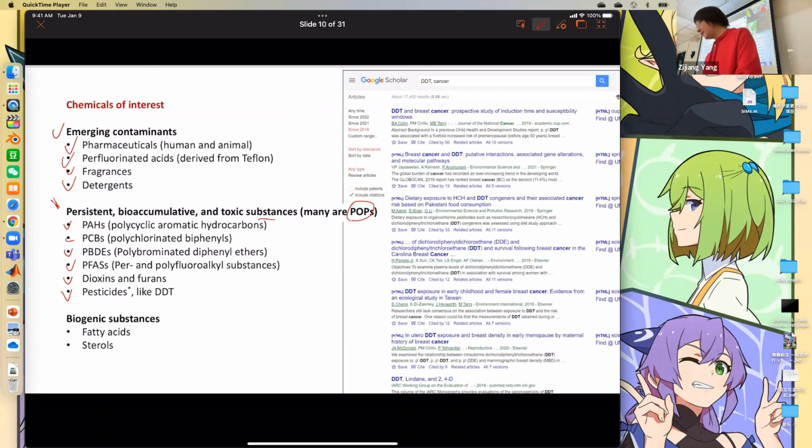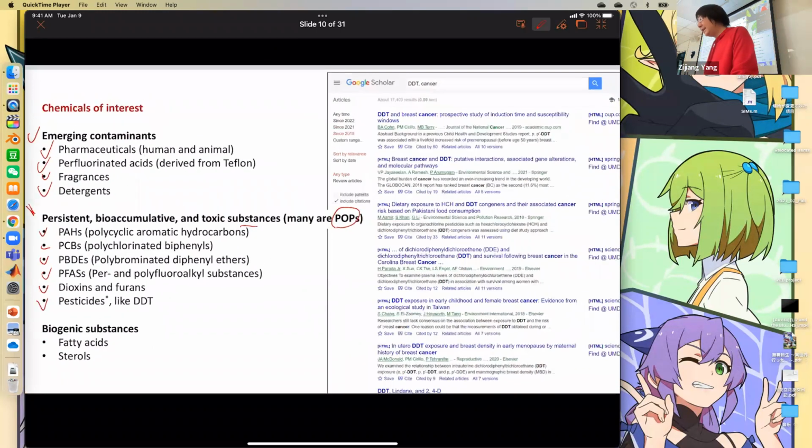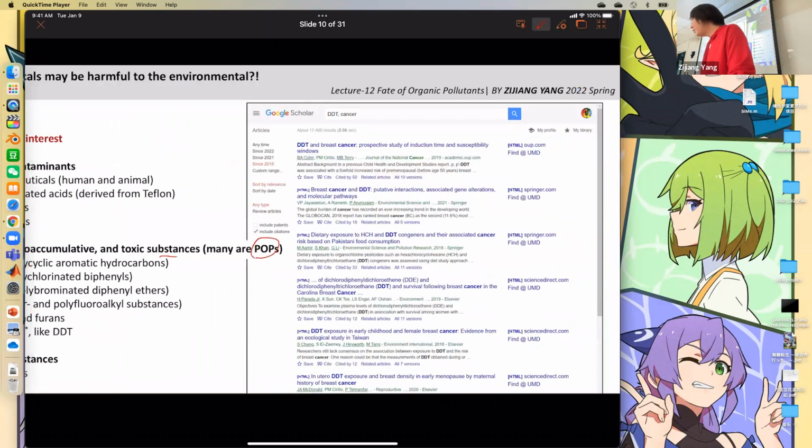And on the right side, I just want to show that we know DDT is a pesticide and it is a POP. This is a historically used pesticide and now it is banned. And here I just searched for DDT and cancer, with a time range since 2018.